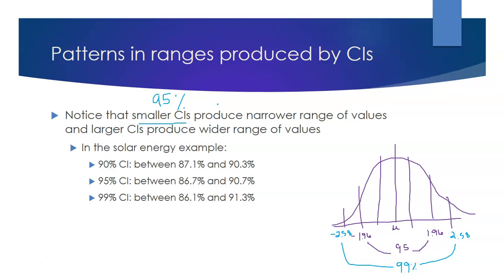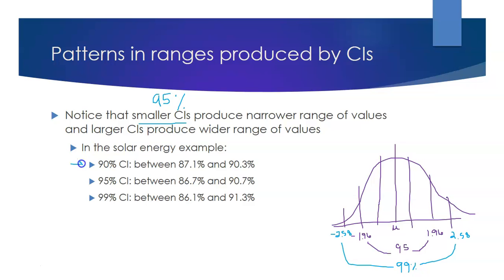If you created an 80% confidence interval, that is smaller than a 95% confidence interval. So smaller confidence intervals produce a narrower range of values, okay?